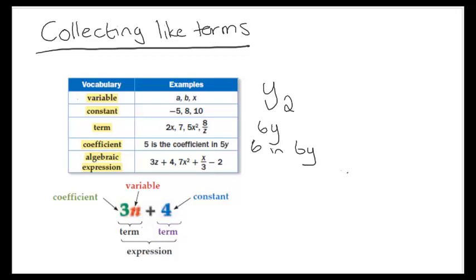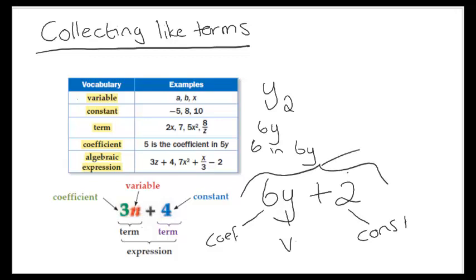And finally, we have an algebraic expression. An algebraic expression is a number, or a set of numbers that are added or subtracted together. So in this instance, we can have 6y, which is a term consisting of a coefficient and a variable. 6y plus 2. 6 is our coefficient, y is our variable, plus 2 is going to be our constant.